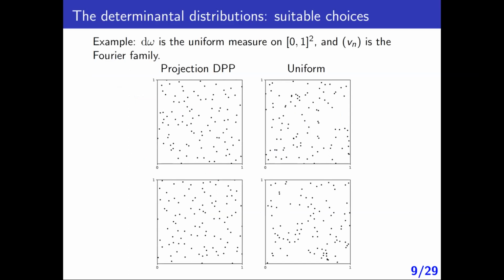And this is what we obtain when we simulate a projection DPP corresponding to the Fourier family in the hypercube. And we compare it to samples from the uniform distribution. You can see the difference is that we have less clustering compared to the uniform sampling. So we can see that we have some kind of negative correlation property.